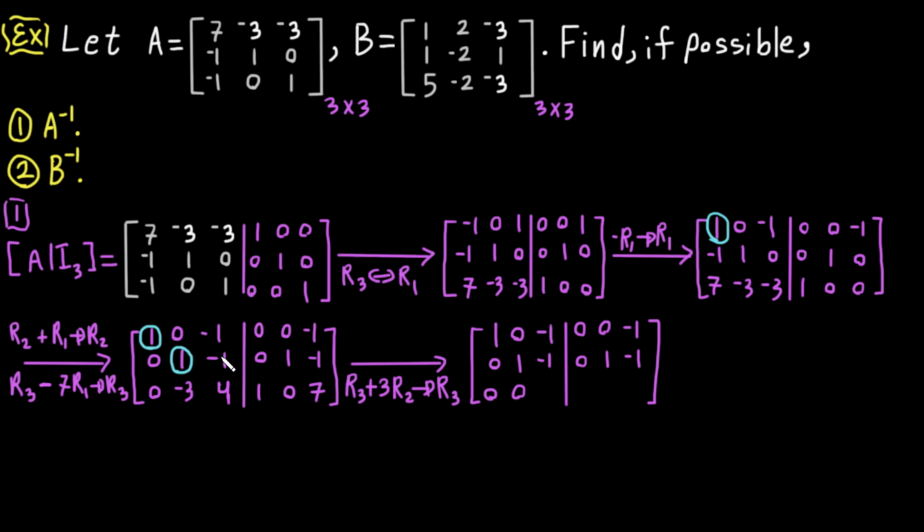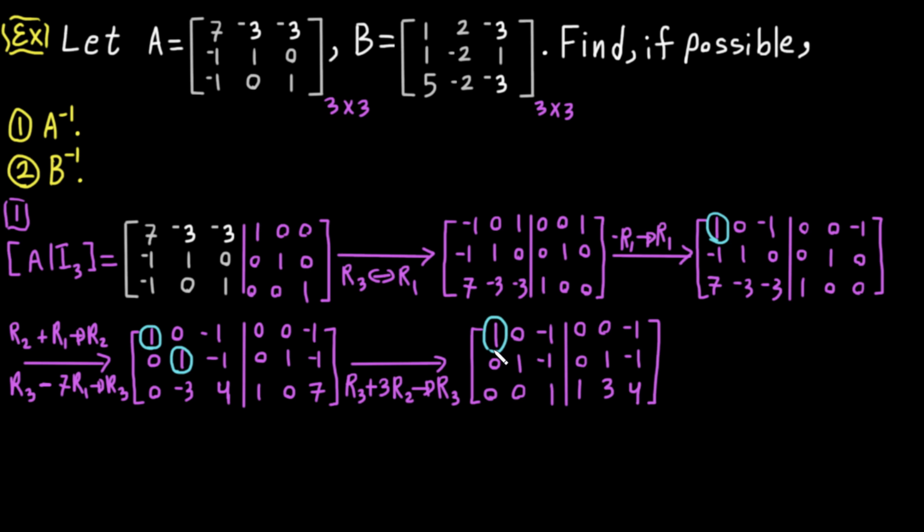Now 4 plus 3 multiplied by -1 equals 4 minus 3, which is 1. 1 plus 3 multiplied by 0 is 1. 0 plus 3 multiplied by 1 is 3. 7 plus 3 multiplied by -1 is 7 minus 3, which is 4.